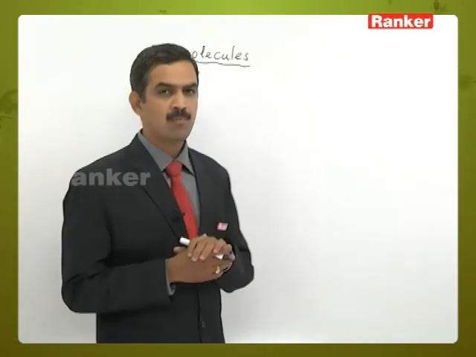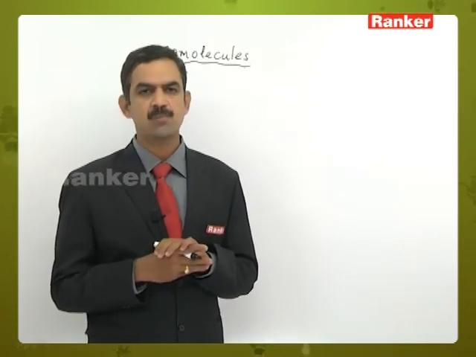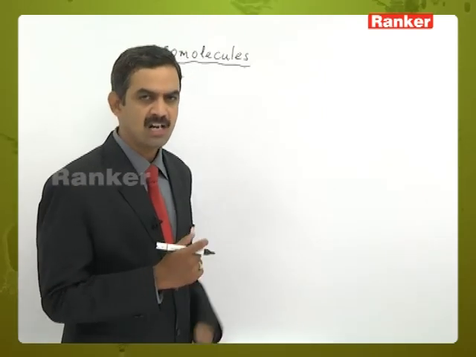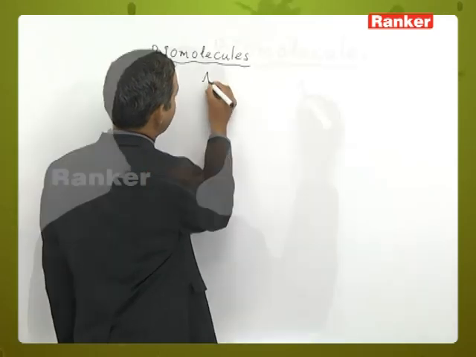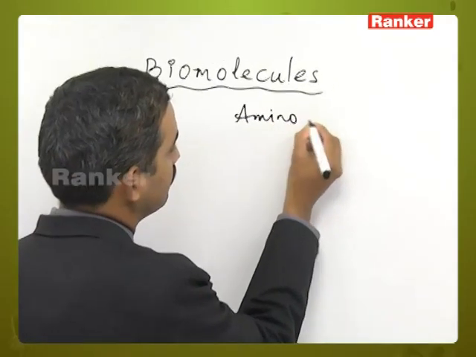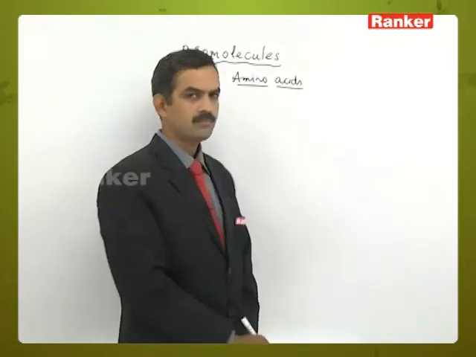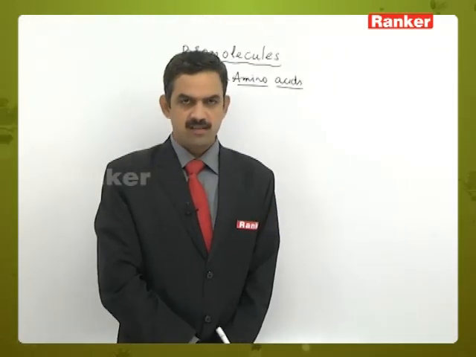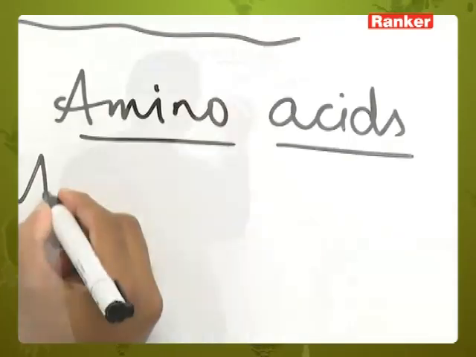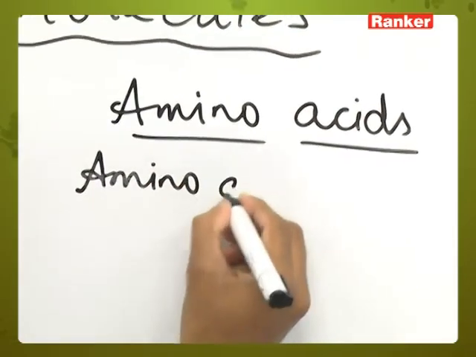Next, as we are saying, many types of biomolecules are there. Let's start with the first one, amino acids. In general, we say that amino acids are the building blocks of proteins.